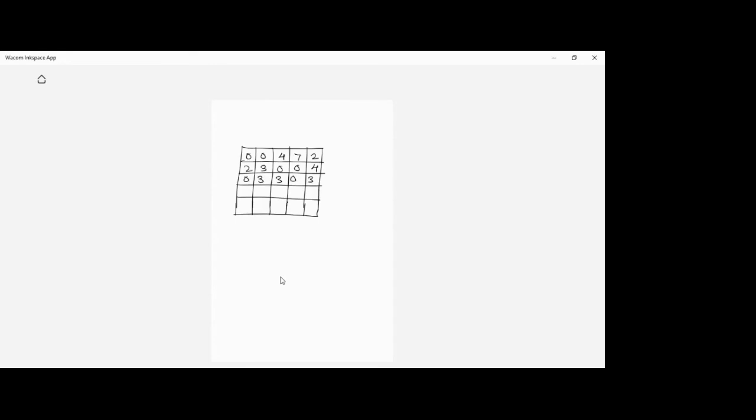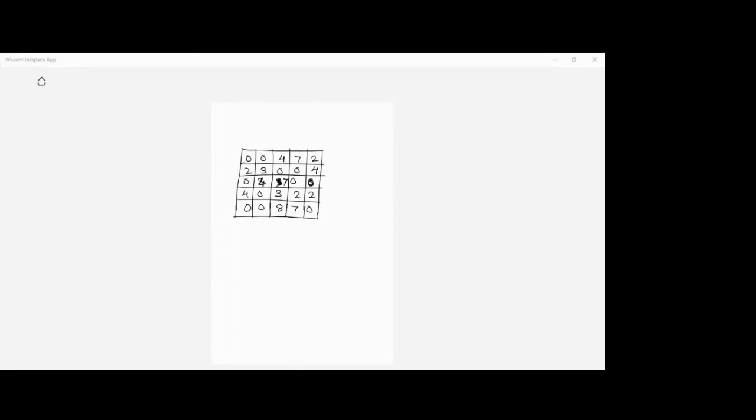Okay, it was 0, 4, 7, 0, 7, 0, 0. Then it is 4, 0, 3, 2, 2. It is 0, 0, 8, 7, 0. Right? So I guess the values are there.